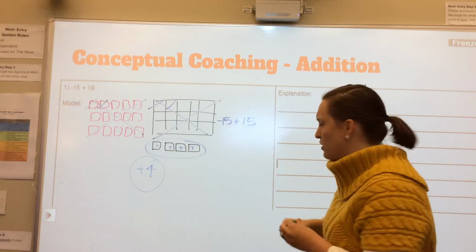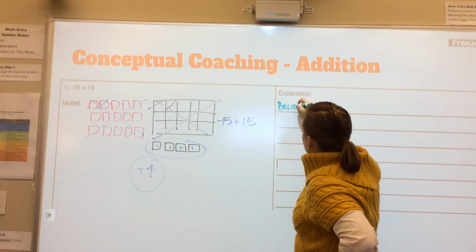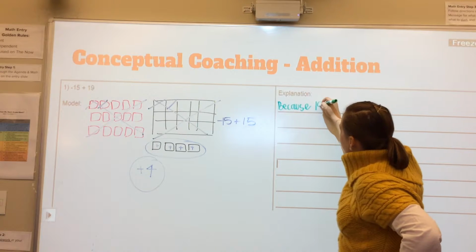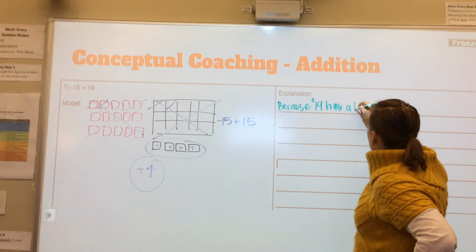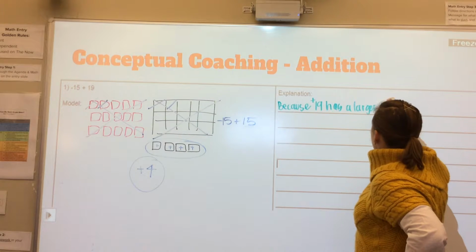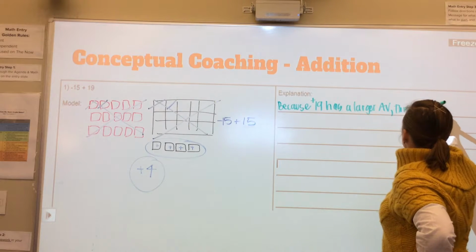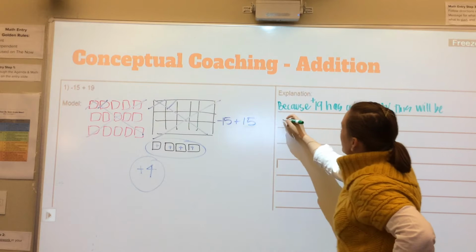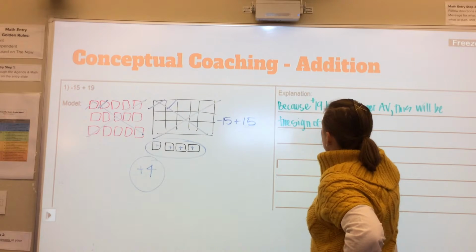So here's how we'll articulate that. Because positive 19 has a larger absolute value, this will be the sign of the final answer.